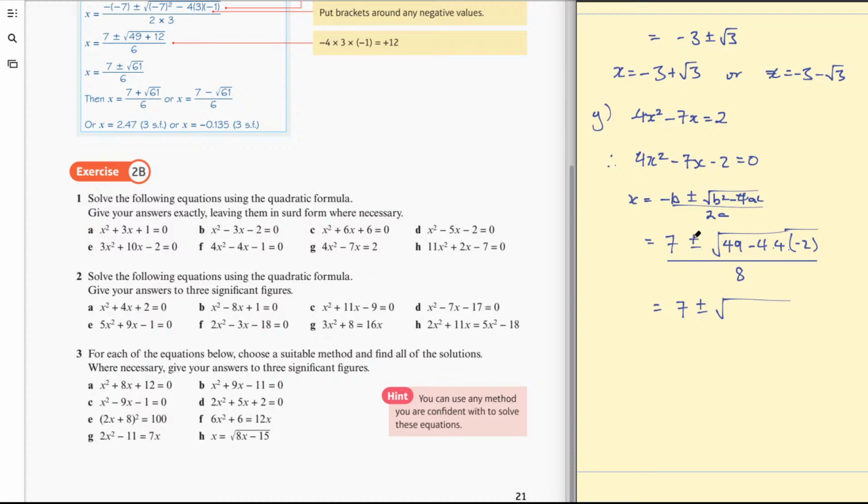So 7 plus or minus the square root of 49 take all of this. What does this equal? This is 16. 4 times 4 is 16 times 2 is negative 32. But there's 2 negatives there, so that's going to be positive. So 49 plus 32, that's like 50 plus 31 is 81. Oh, and then we have a square number.